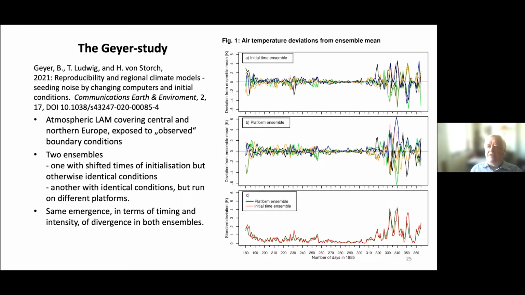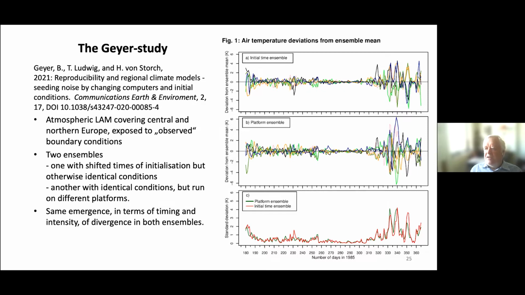And here we have the air temperature development in Oslo, in the two ensembles, and the mean value across at each time is subtracted. And you can see that what happens in both ensembles, on top the initial time ensemble, in the middle the platform ensemble, is essentially the same.